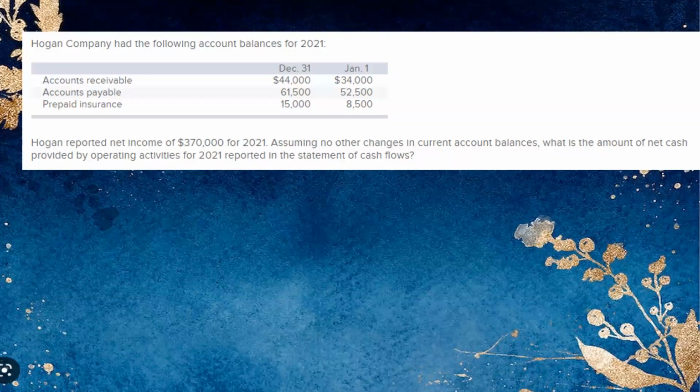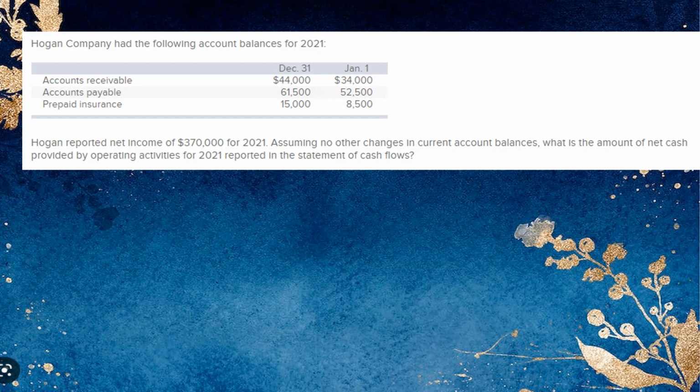All right, the next question. Hogan Company had the following account balances for 2021. It gives us the accounts receivable at the beginning and ending of the years, the accounts payable, the prepaid insurance, and then it tells us Hogan reported net income of $370,000 for 2021.